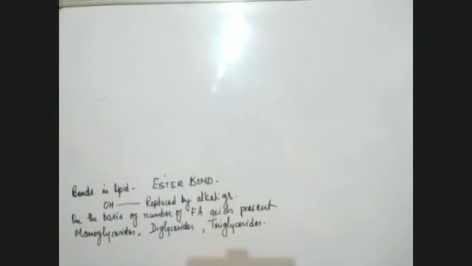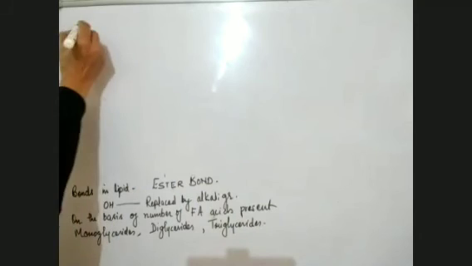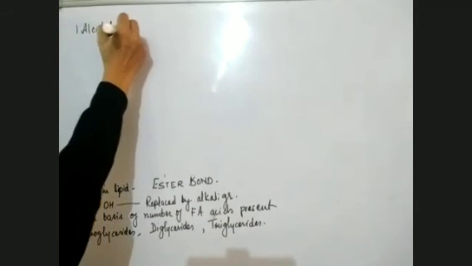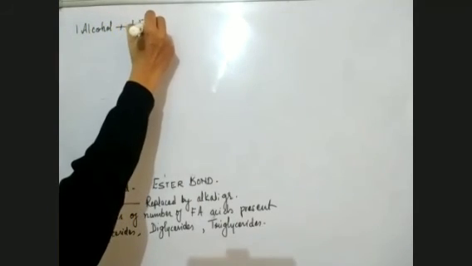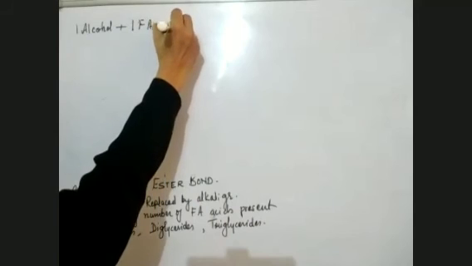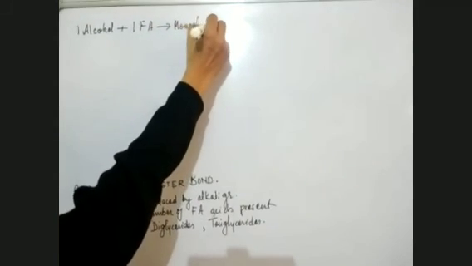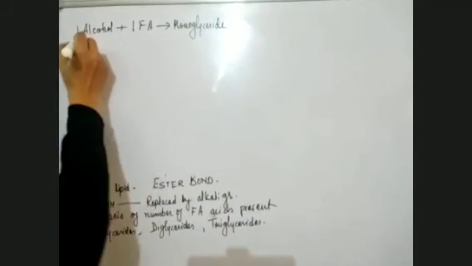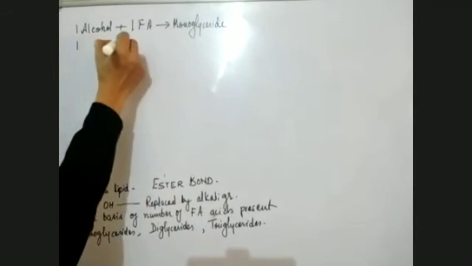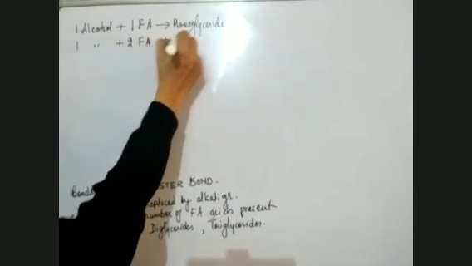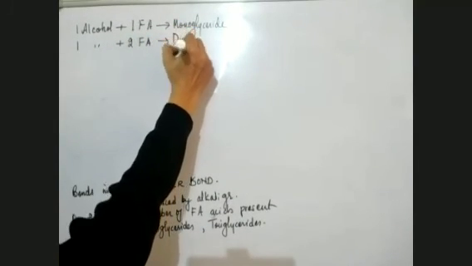So here, if we have one alcohol with one fatty acid, it is a monoglyceride. If we have one alcohol plus two fatty acids, it is a diglyceride.